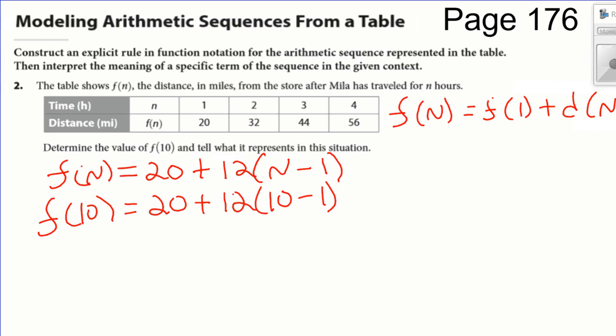All right. So now I'm going to go ahead and solve and figure out what f of 10 is going to be. So I've got 20 plus 12, and 10 minus 1 would be 9. And then 12 times 9 is going to get us 108.